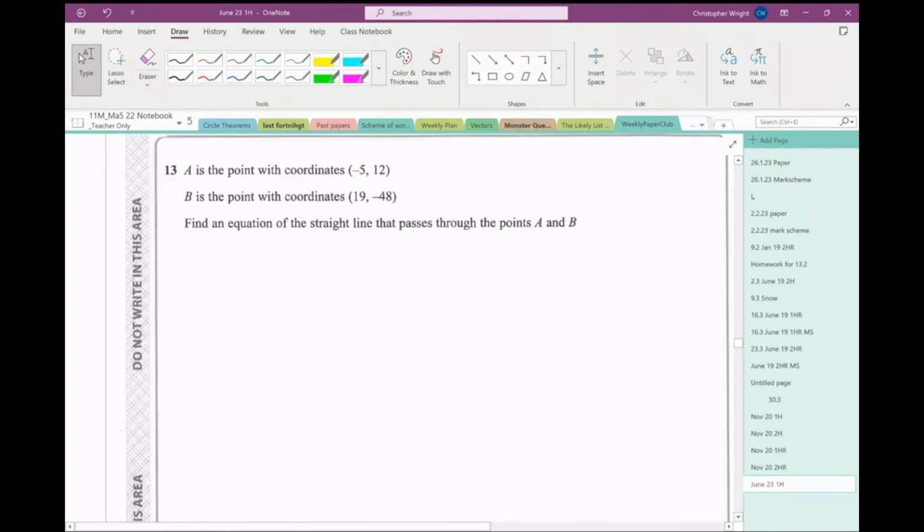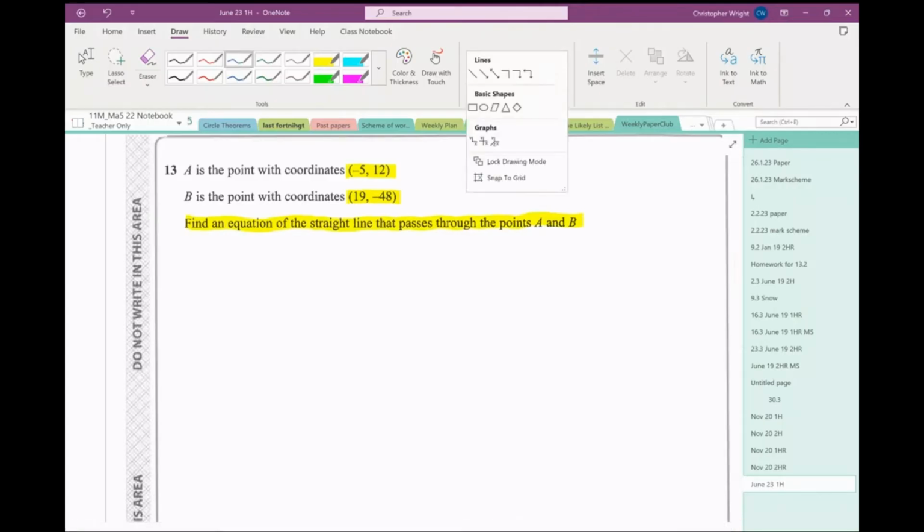A is the point with coordinates minus 5, 12, and B is the point with coordinates 19, minus 48. Find an equation of the straight line that passes through A and B. Right, well, it'll often help to have a sketch, so let's do a sketch here.